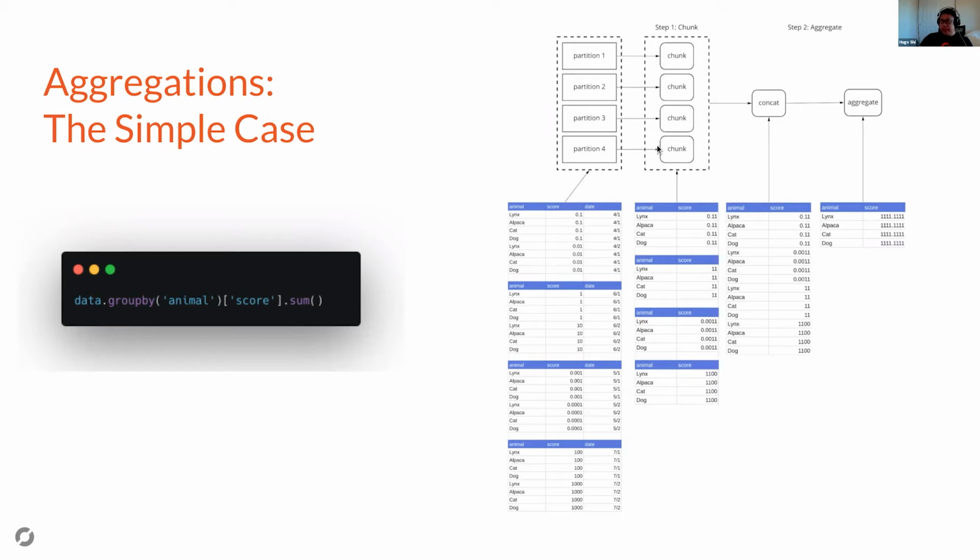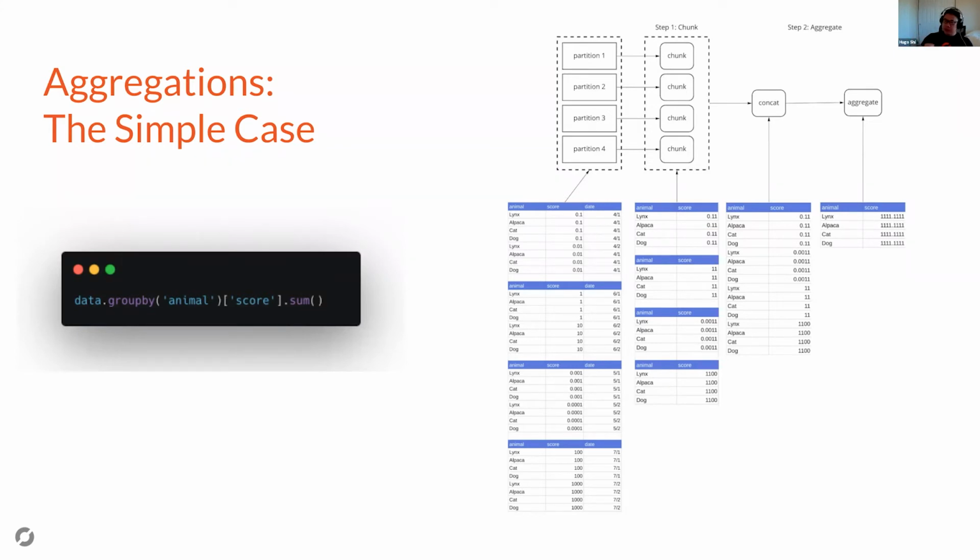The first step is the chunk step, which applies a function to every partition. In implementing this operation, which is just a group by a sum, every stage is going to look the same. Every stage is grouping by animals and summing the scores. Not all aggregations use the same operation at every step.